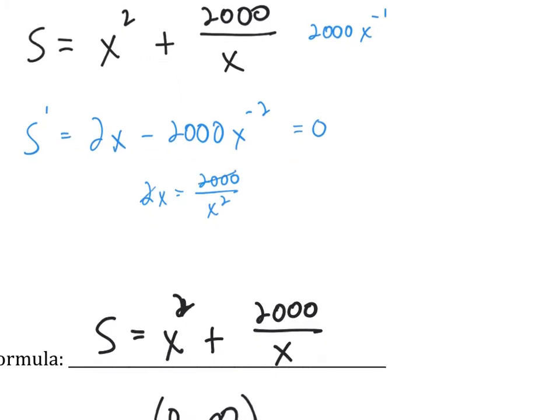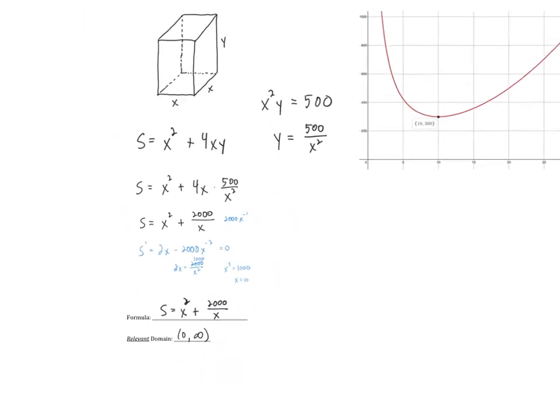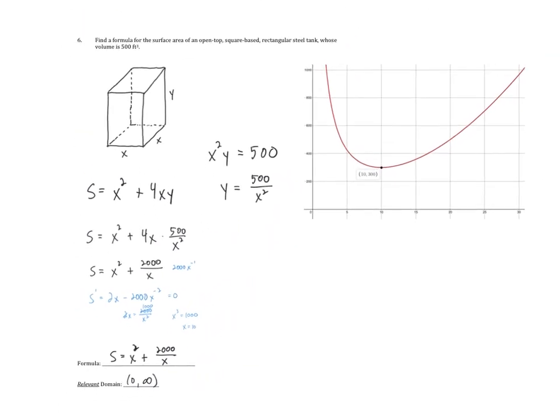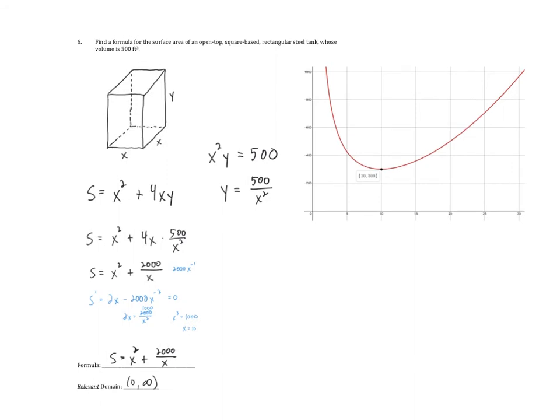Maybe divide by 2 and multiply by x squared. And then that means x equals the cube root of 1,000, which is 10. So that's the x value that we got. We just confirmed that.